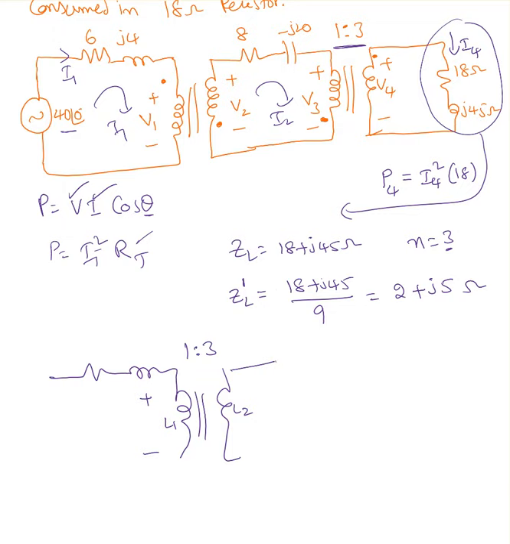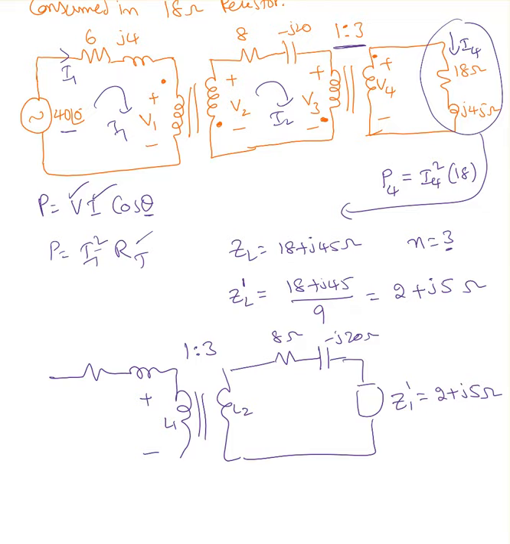So I have 8 ohms minus j20 ohms. Now I have ZL prime. ZL prime is the secondary impedance looking from the primary side, the secondary impedance of the coil transferred to the primary side of the coil.